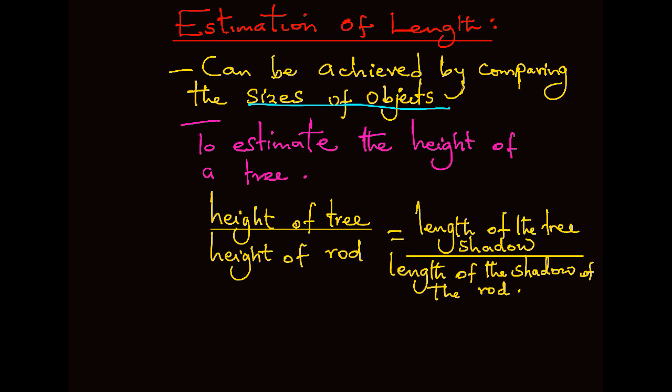So if the height of the tree is H tree, then we divide it by the height of the rod, of the meter rule, HR, then this should be equal to the length of the tree's shadow divided by the length of the rod's shadow.